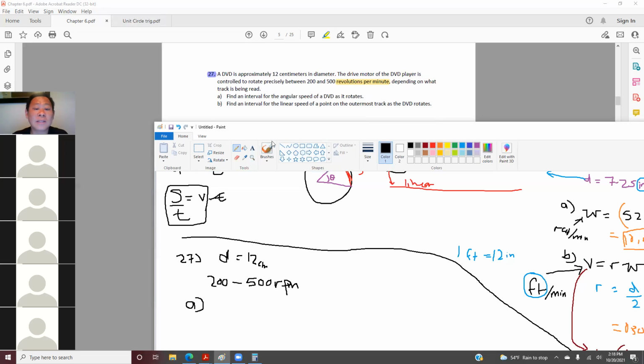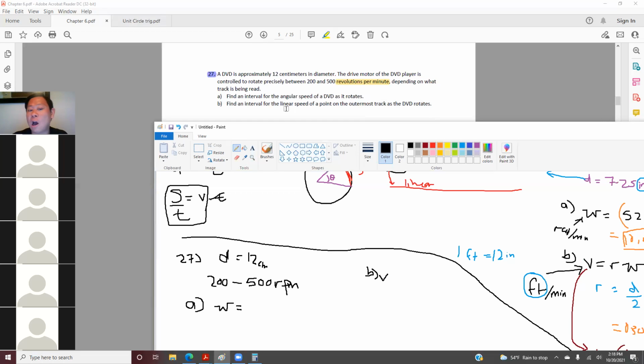The first question is to find an interval, meaning where it starts and where it ends. Find the angular velocity, the angular speed, and then after that find the linear speed.